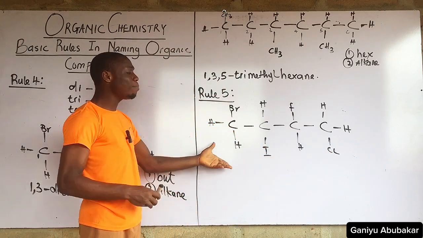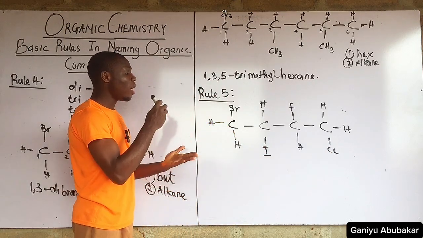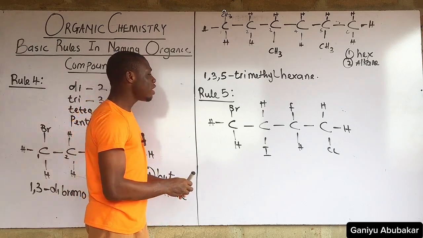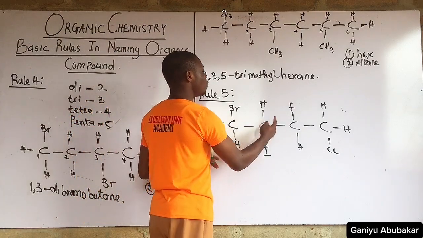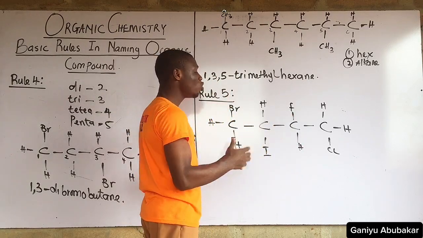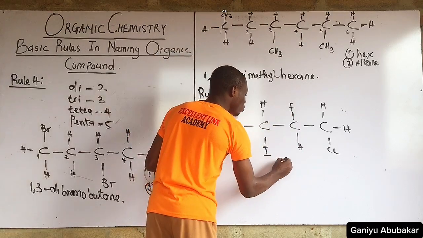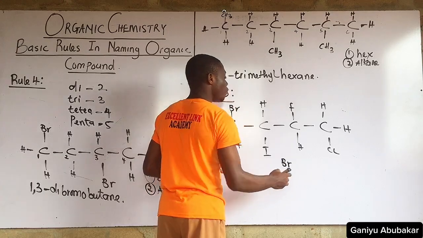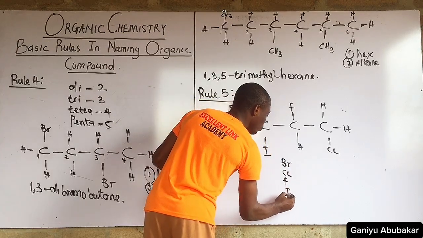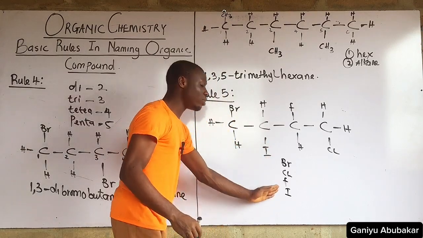We said to name something of this nature, arrange them in alphabetical order. So I know that I'm having bromine, fluorine, chlorine, iodine. If I want to arrange them alphabetically, which one comes first? I know that bromine will come first, then followed by chlorine, fluorine, and iodine. So this is alphabetical order, right?